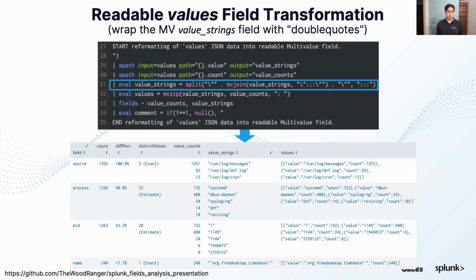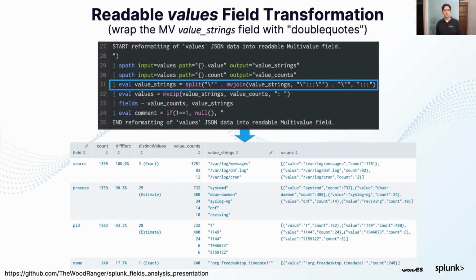Since this is a data summary, the contents of the values field could be anything. In order to help ensure that we retain what's what, and to demonstrate a fun way to combine the mvjoin and split commands, we wrap each value string in double quotes without having to expand the multi-value field itself.